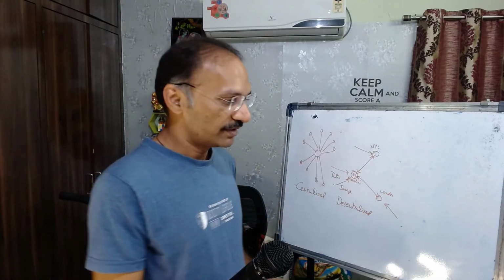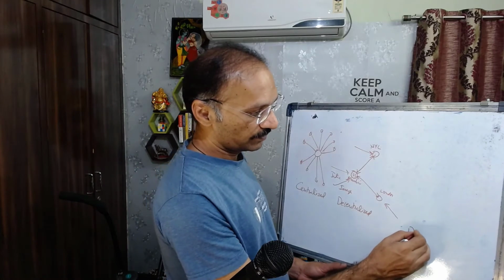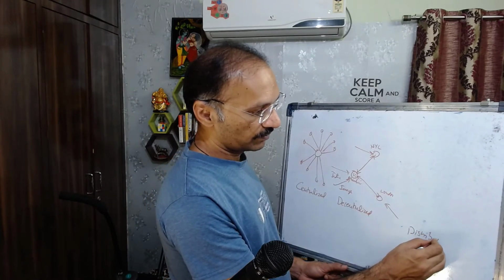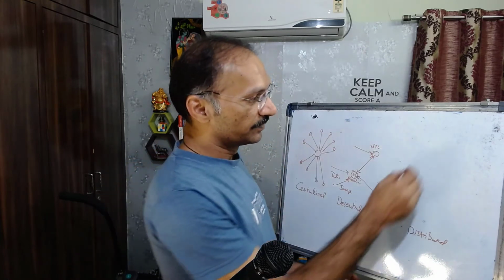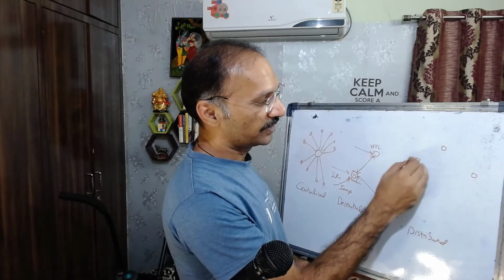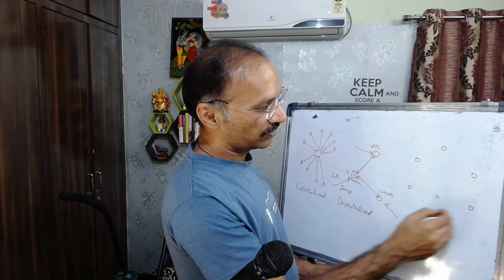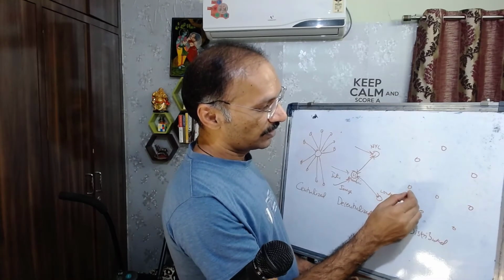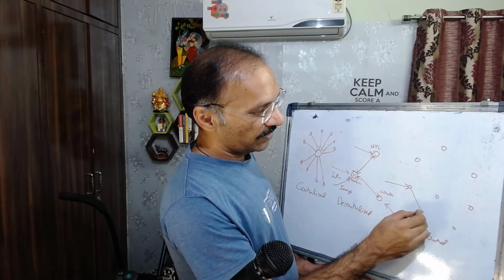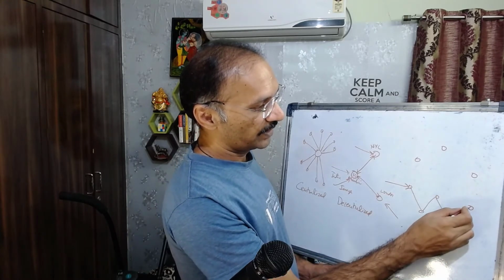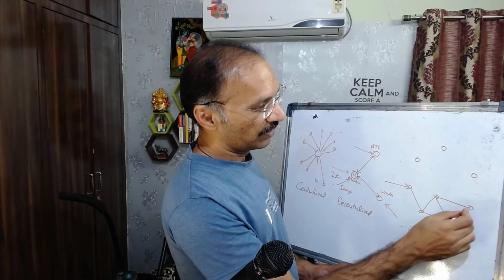Now let's talk about distributed. In the case of distributed, the data is synced across all the nodes. The moment I upload an image in the same example, the image is going to be replicated across all the servers.